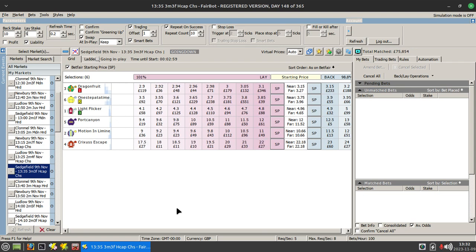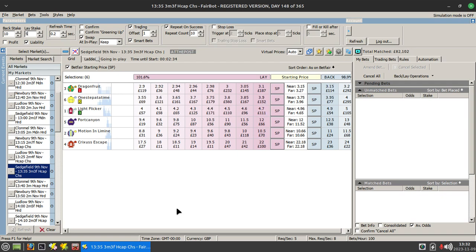For example, if I was using a £100 lay stake, I might want to consider changing it to 25. Because what we're going to do is put in 2 trades on each horse at different odds, so that the total liability on that runner is still our overall £10, if you understand me.